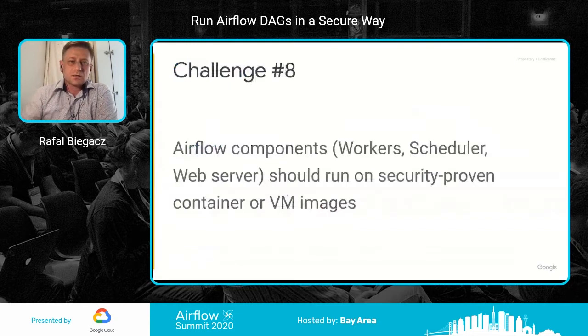And the last challenge that you might have is that Airflow components like worker, scheduler, and web server should run on security-proven containers or VM images. Here we're just focusing on Kubernetes configuration. Many times we are trying to pull containers from many places because they deliver functionality that we need.